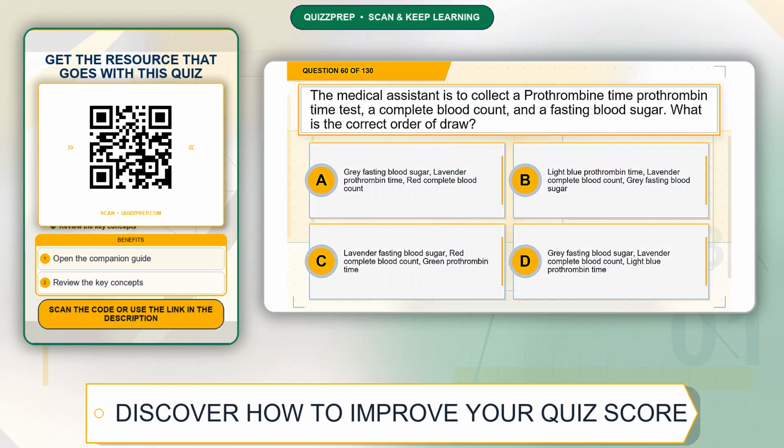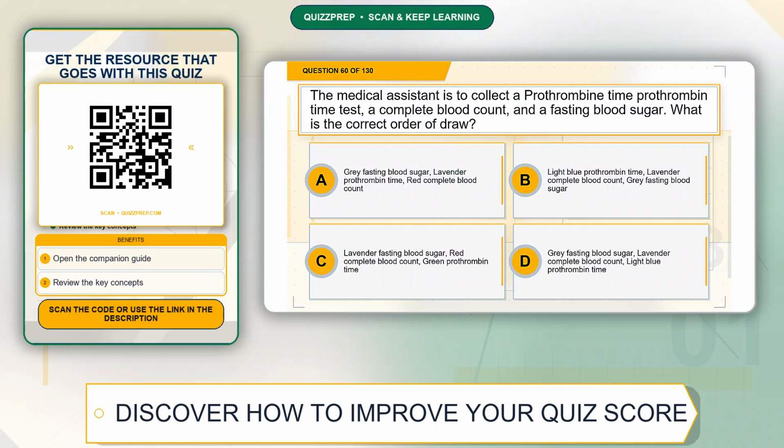Question 60. The medical assistant is to collect a prothrombin time test, a complete blood count, and a fasting blood sugar. What is the correct order of draw? Option A, gray fasting blood sugar, lavender prothrombin time, red complete blood count. Option B, light blue prothrombin time, lavender complete blood count, gray fasting blood sugar. Option C, lavender fasting blood sugar, red complete blood count, green prothrombin time.